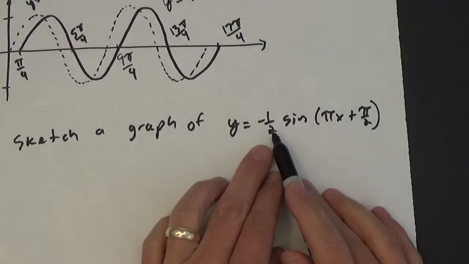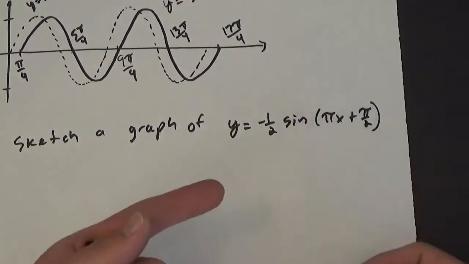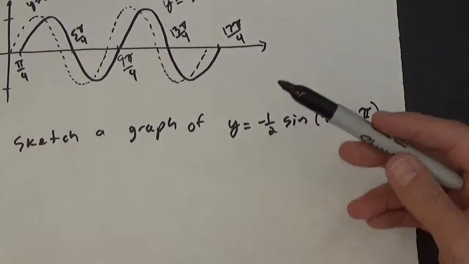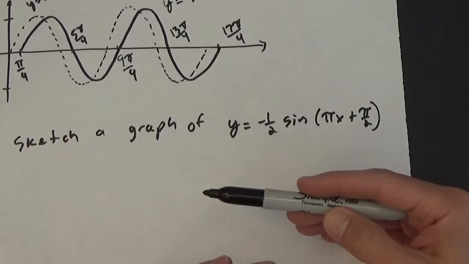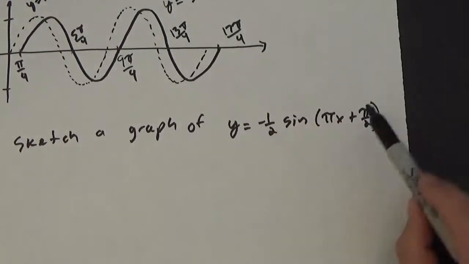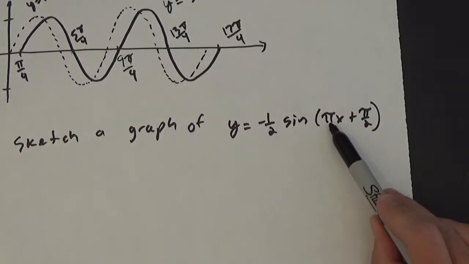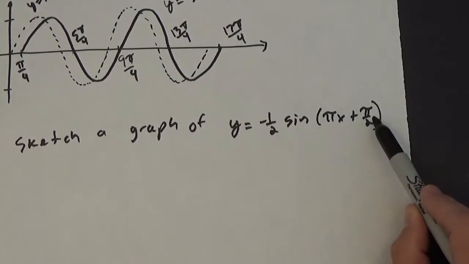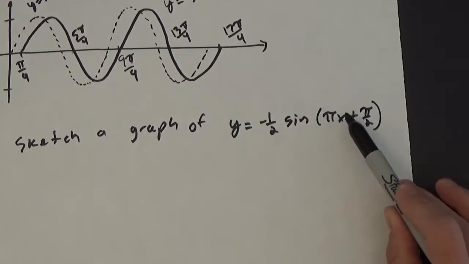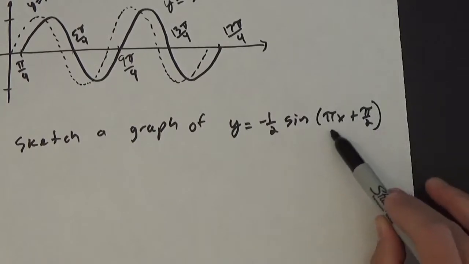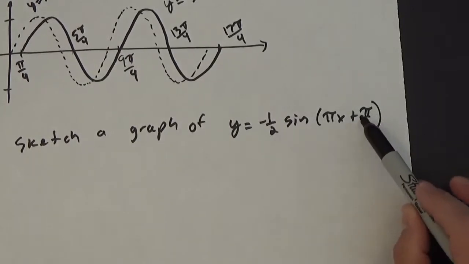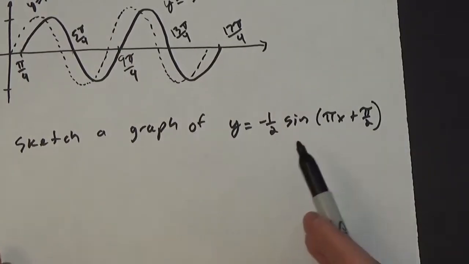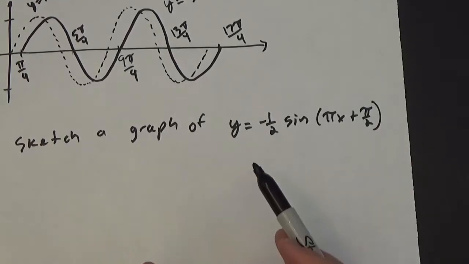We have the negative 1/2, which is a reflection over the x-axis and an amplitude of 1/2, so we're shrinking it. We have a period change, and we're going to have to figure out what that period is. And then we also have a horizontal translation. You have to be careful when you have a period change and a horizontal translation. That can be tricky: what does this really look like? We're changing the period, and we're shifting it over.